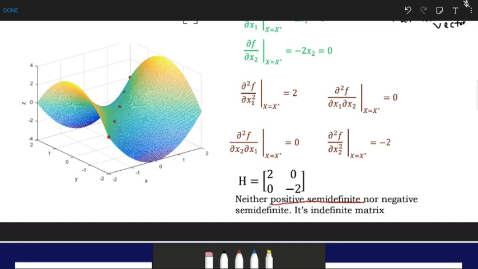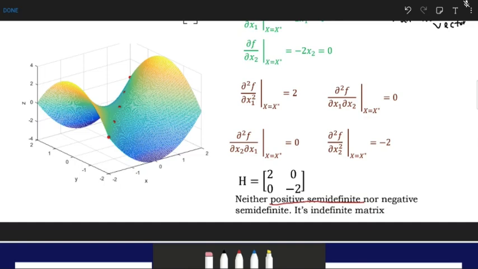When is a matrix negative semi-definite? If all my eigenvalues are non-positive. Okay, I think I got it. Here, all my eigenvalues are not positive, and all my eigenvalues are not negative.